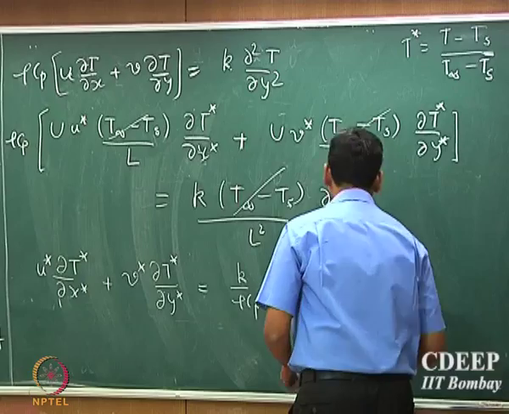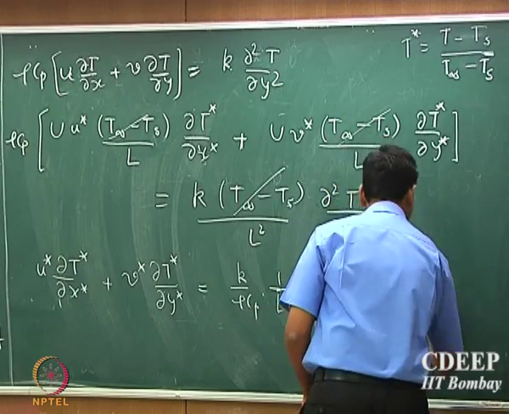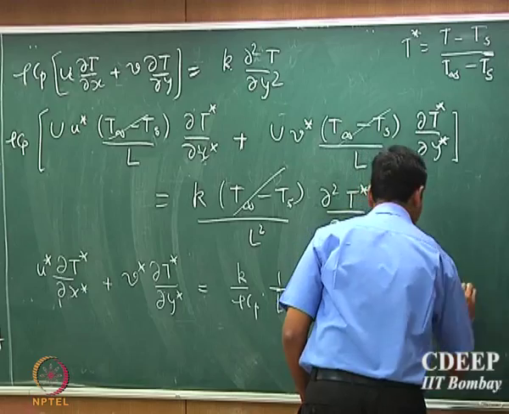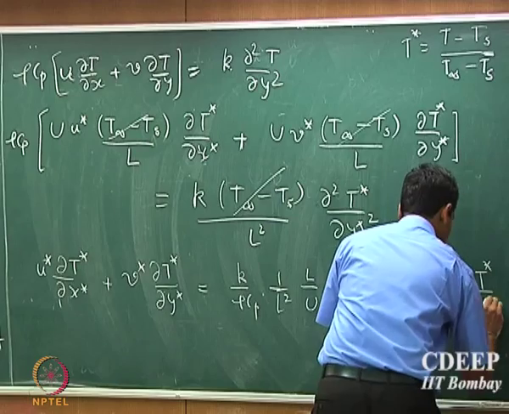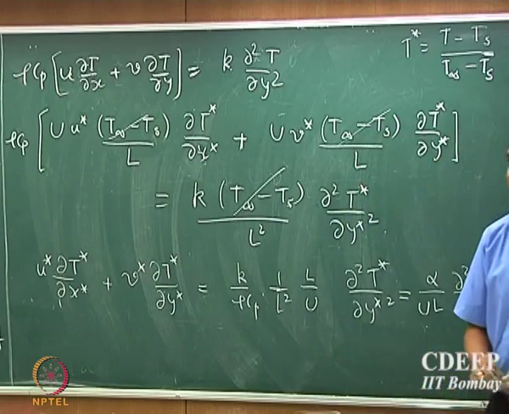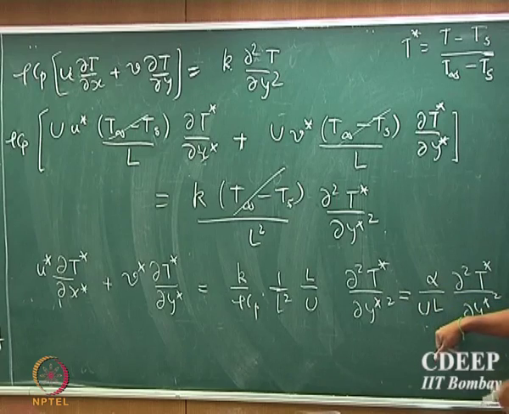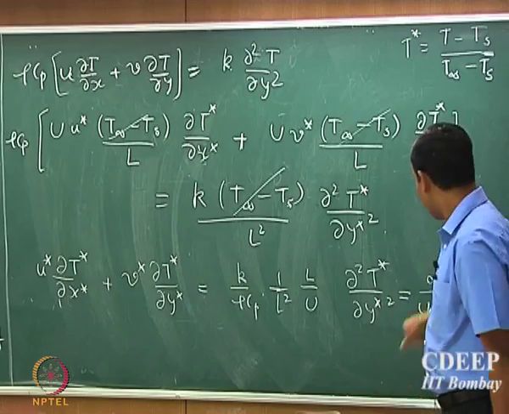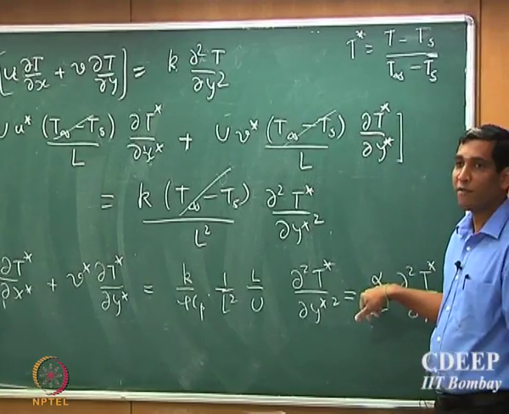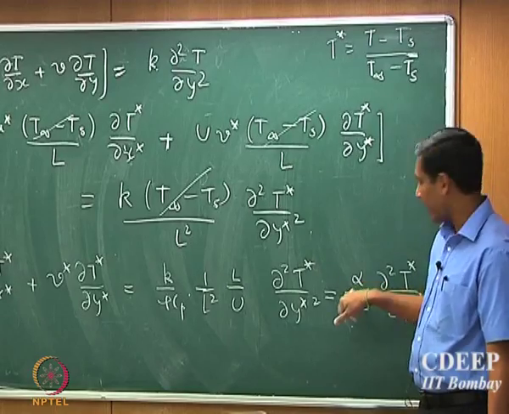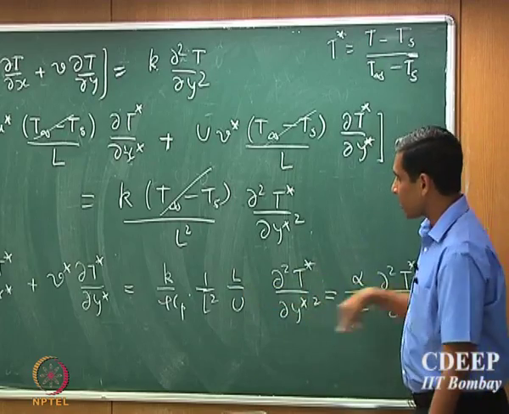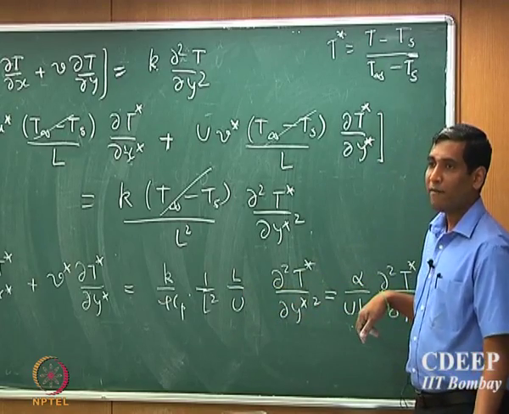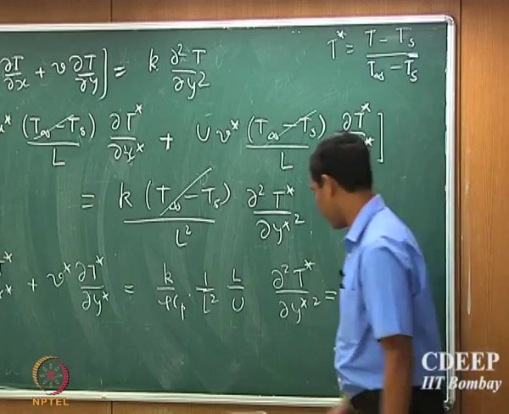So this will be alpha divided by U into L, d square T star by dy star square, okay. Is it dimensionally correct? Why? What are the units of alpha? Meter square per second. U into L is meter square per second. So when you non-dimensionalize, all the terms should have no dimensions, right? So it's fine.